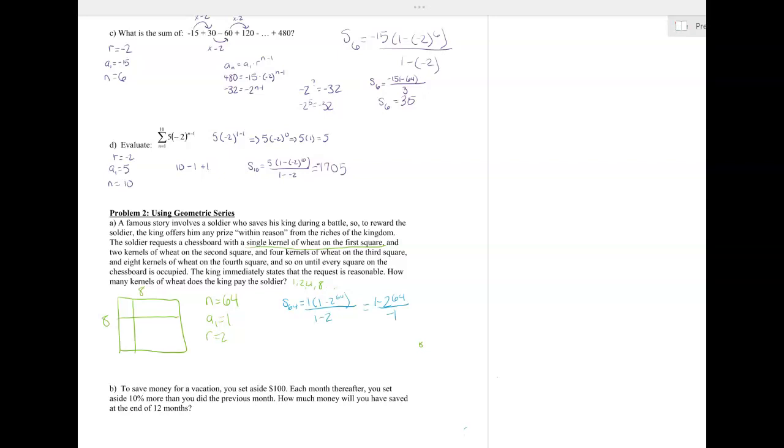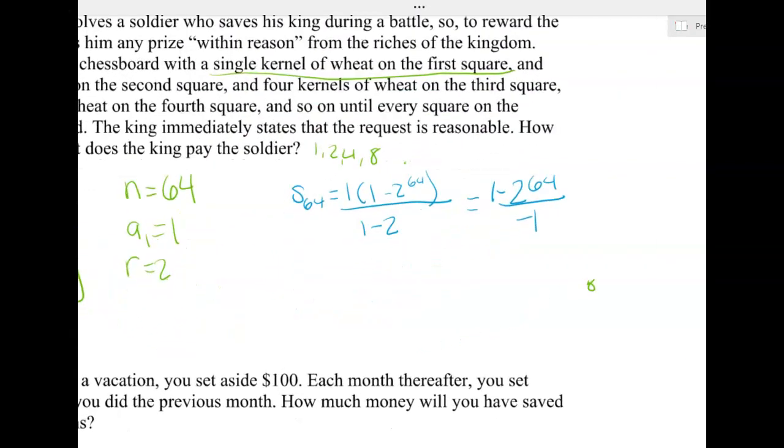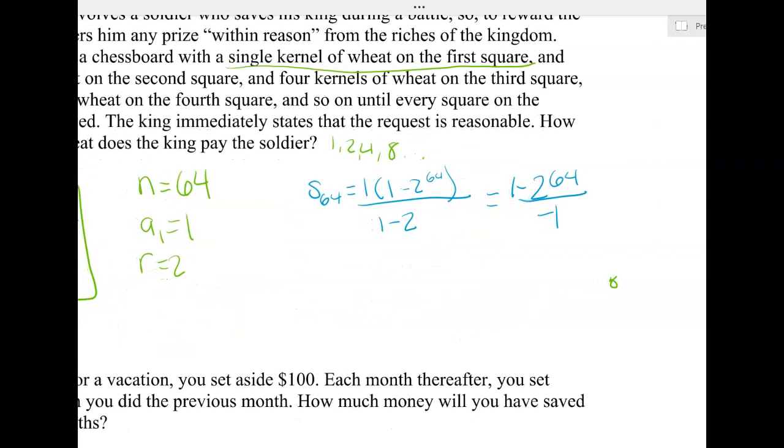Alright, and then typing that into a calculator, I should see that I get something like 1.84467444074 e to the 19th, or times 10 to the 19th, depending on what kind of calculator you're using.